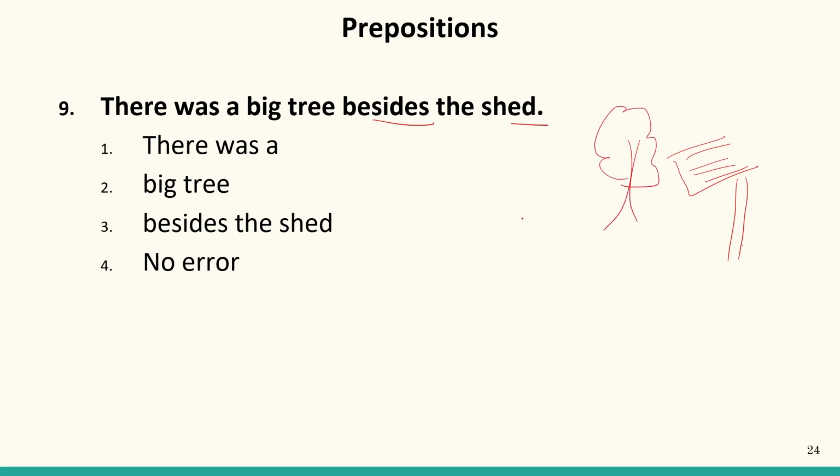The tree is beside it, not besides. Besides is used for something extra. But this is not extra. Here besides should be replaced with beside, that is, at the adjacent position, or we can say near the shed. So here besides should be replaced with beside. So your answer should be 3.